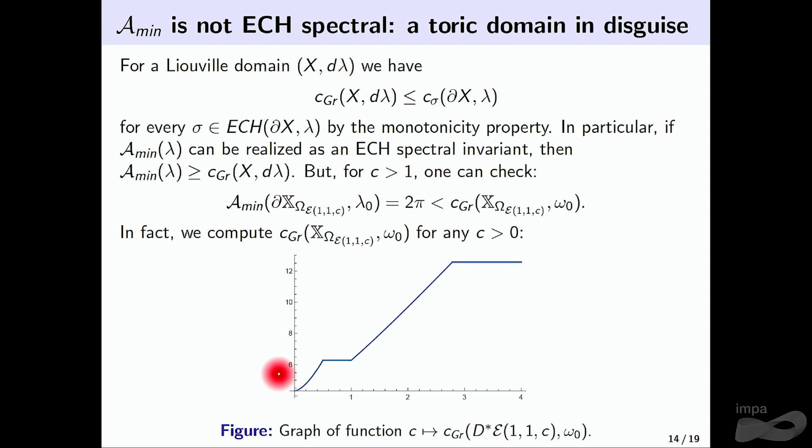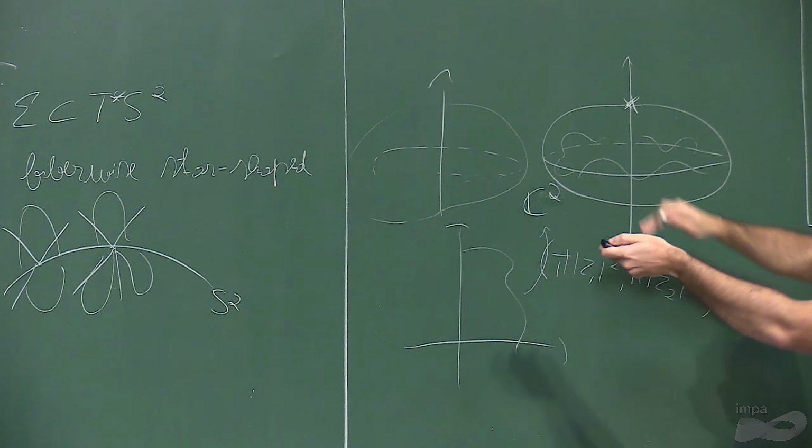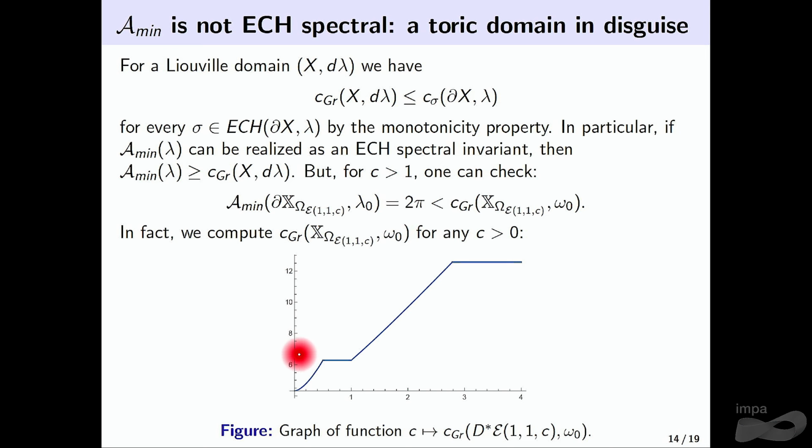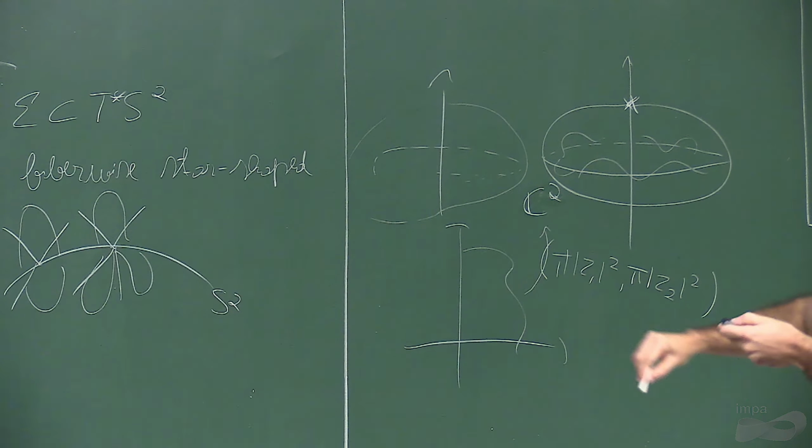We proved this. And then when C is equal to 1/2, this geodesic collapses into the equator, and so the length is 2 pi, and the Gromov width is 2 pi, and it keeps being 2 pi until you hit the round sphere. And then from the round sphere up to the value where the meridians are smaller than 4 pi, you have the length of a meridian.